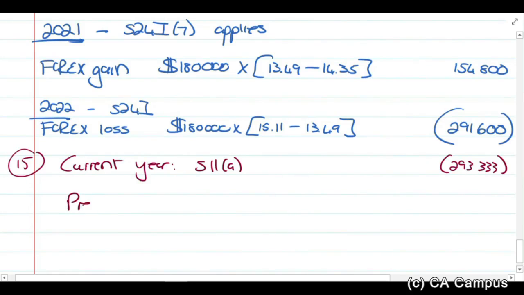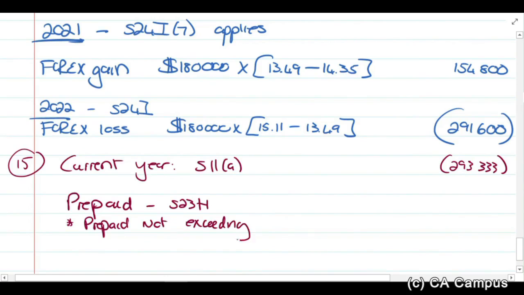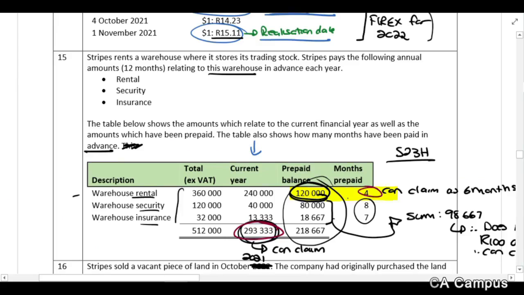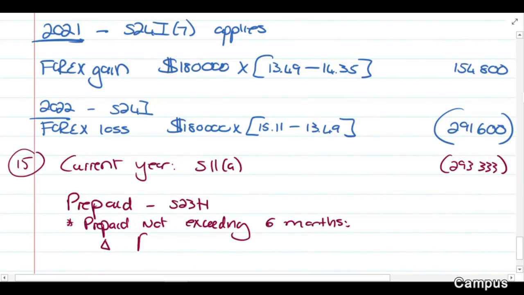And then prepaid. Section 23H is what we talk about here. Prepaid not exceeding 6 months. Do we have any of those? We do. It's this warehouse rental. So we can claim that: 120,000.